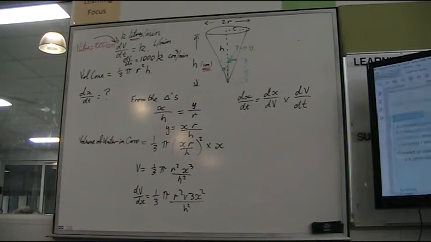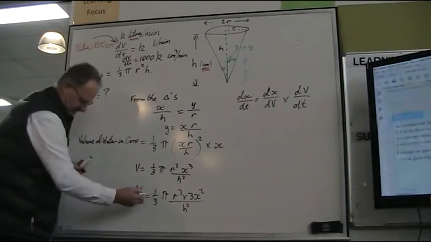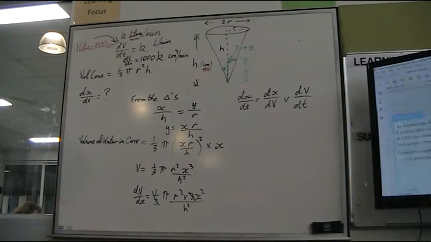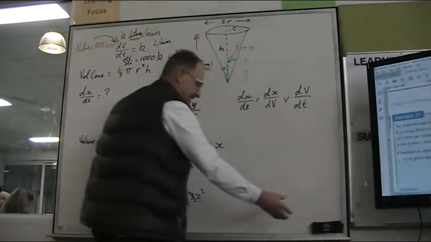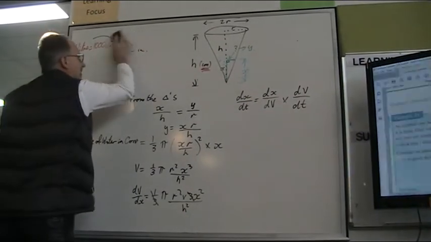Written a little bit messily. What do we notice? We notice that the third and that 3 cancel each other out. I'm going to run out of space down the bottom here, so we have to rub this off and go up the top here.